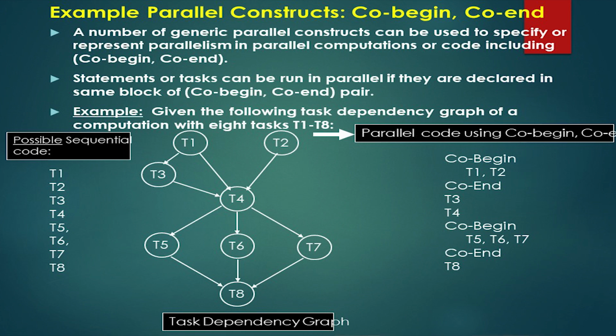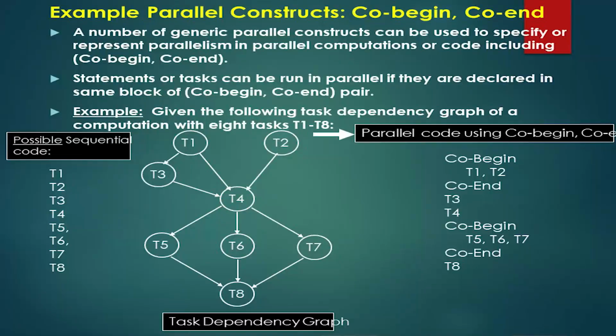There is no dependency between these. So in co-begin, co-end, we can place T5, T6, T7 and T1 and T2. So 5 instructions we can execute parallelly, and the remaining 3 instructions will be executed sequentially. That means the measure of this task parallelism is 5 by 8, that is 60% parallelism is existing here.